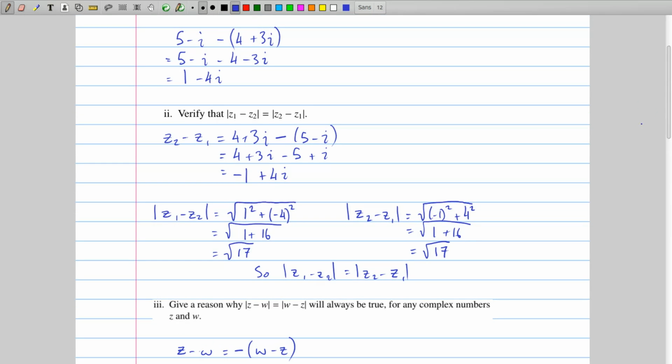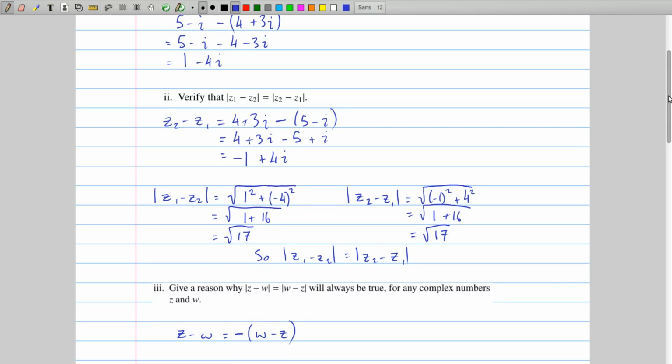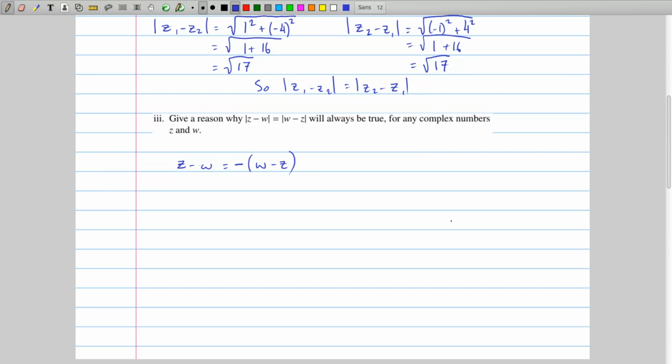So what we usually say is the modulus, or the absolute value, is another way of saying this, the absolute value is going to end up being the same because the numbers are the same, and when you're taking absolute values or modulus, the sign doesn't really come into it because it just means you sort of make it positive.